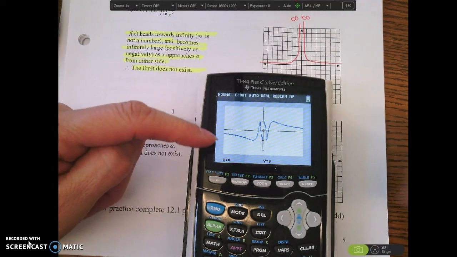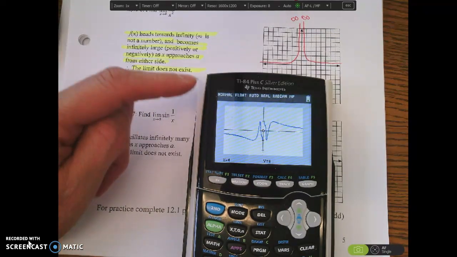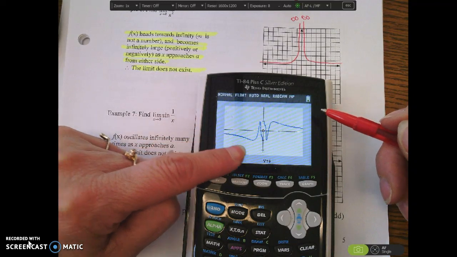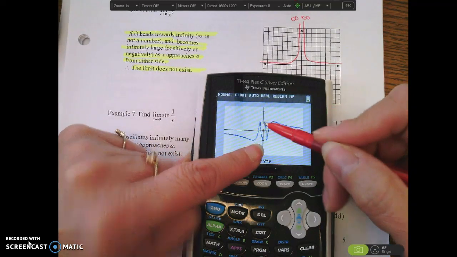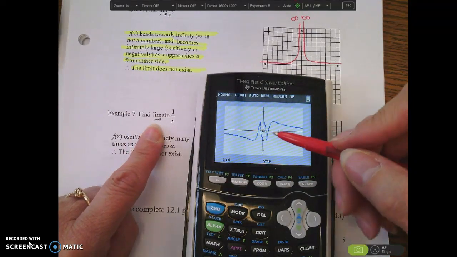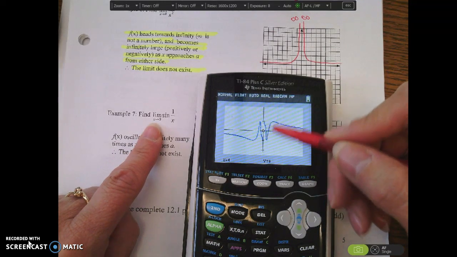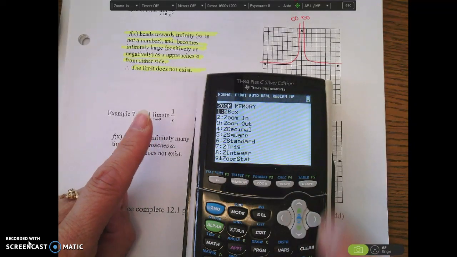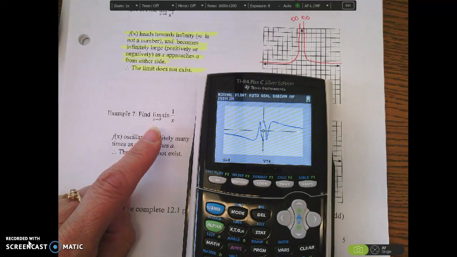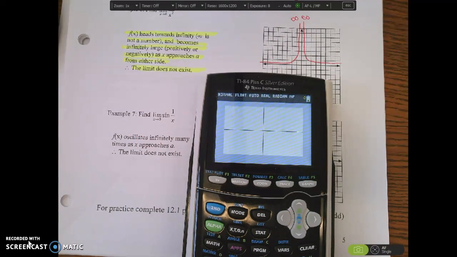From the left and from the right, as we're going towards 0, it's unclear what it's doing. If I were to zoom in even more, let's see what's happening. Wait for it. Whoa!